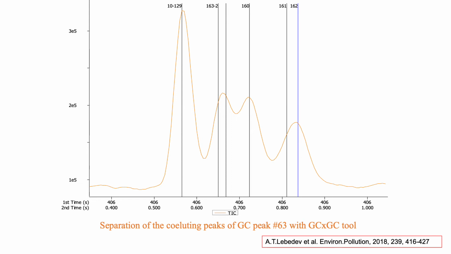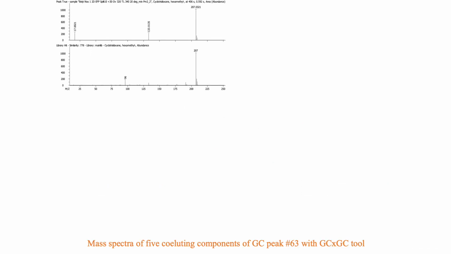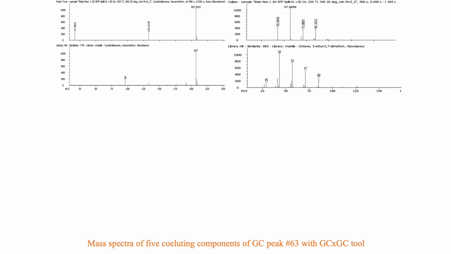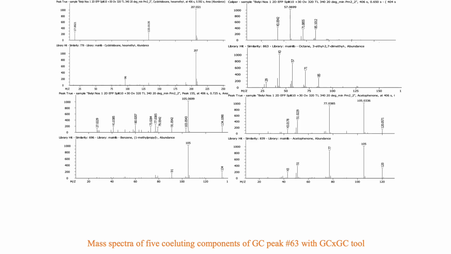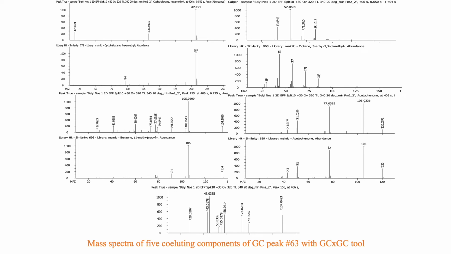This is the separation of this individual peak in the orthogonal direction. So you can see how many compounds are there. And look now, we can see here the first one was chromatographic phase. The second one is an alkane. The third one is butylbenzene, one of the isomers. Then acetophenone. And finally cresol.